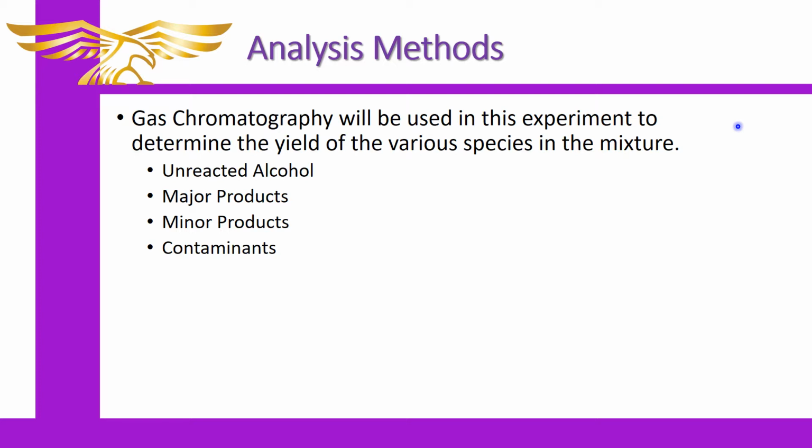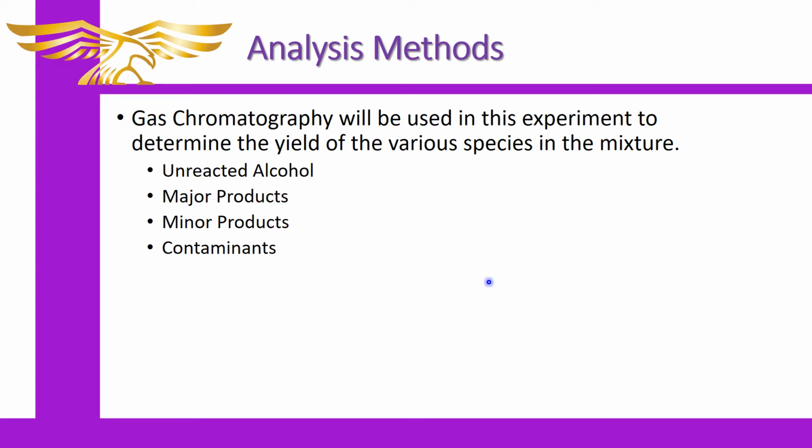And this is where gas chromatography is useful, because we can inject a small amount of the sample using a syringe into an analyzer that has a gas chromatography column, and based on retention time, which is generally the time it takes for it to go through the column.